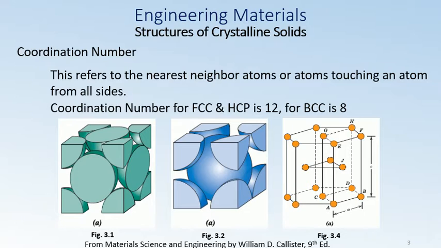This is called the coordination number for that particular unit cell or crystal structure. The coordination number for FCC and HCP is 12, and for BCC the coordination number is 8.